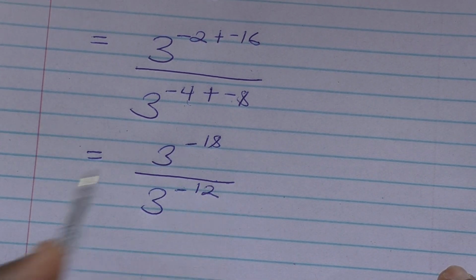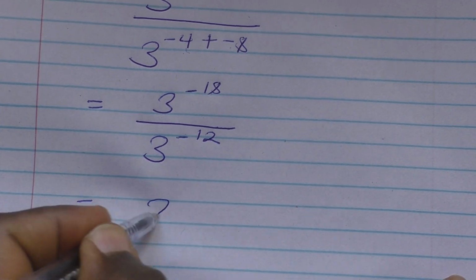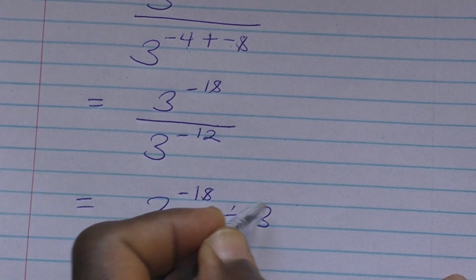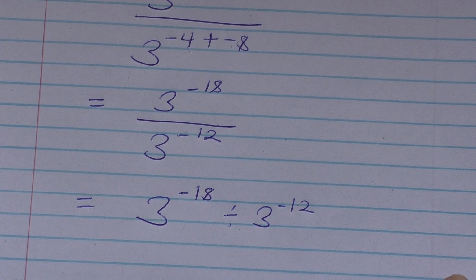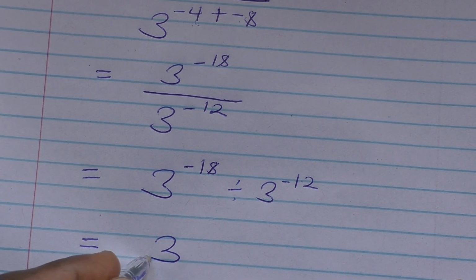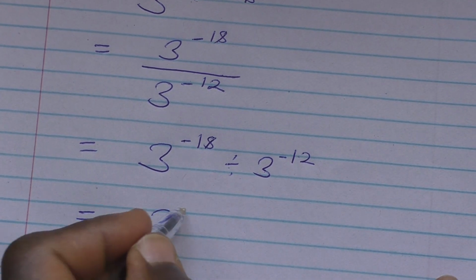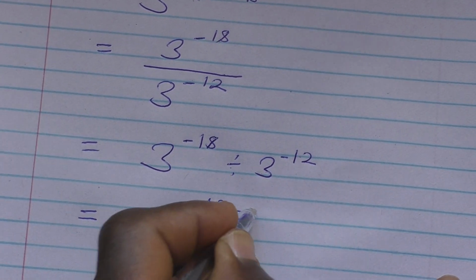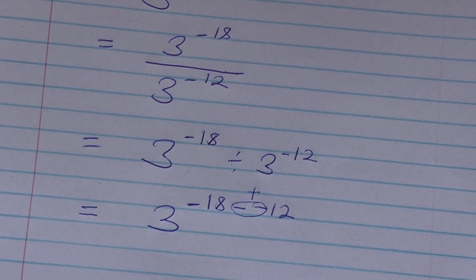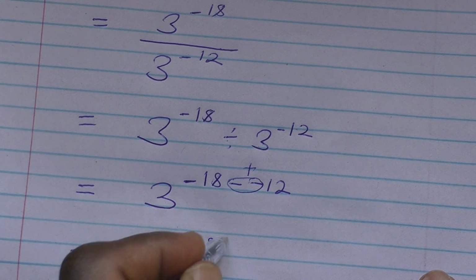And now this is a division, so we change into a division sign, whereby we shall have 3 power negative 18 divided by 3 power negative 12. Since we are dividing, we shall subtract the powers, hence giving us 3 power negative 18 minus negative 12. Minus negative will give us a positive, hence giving us 3 power negative 18 plus 12.